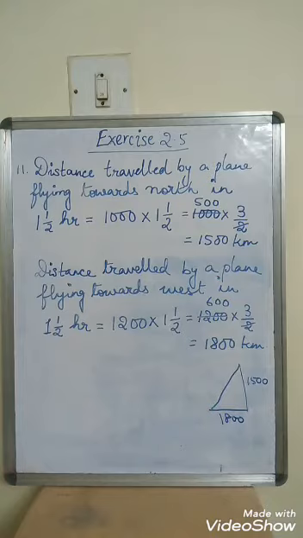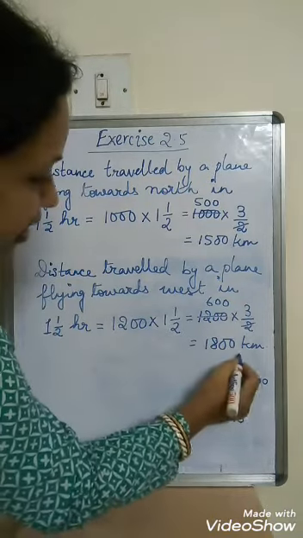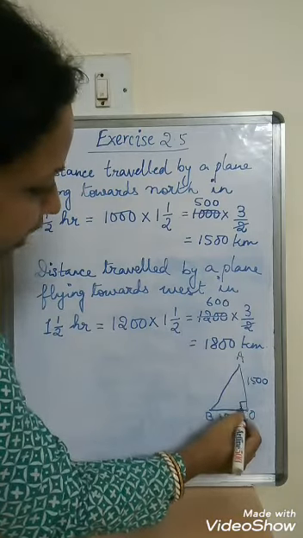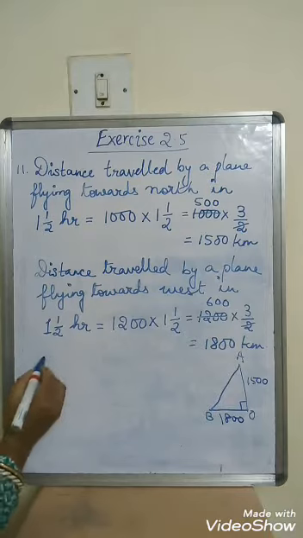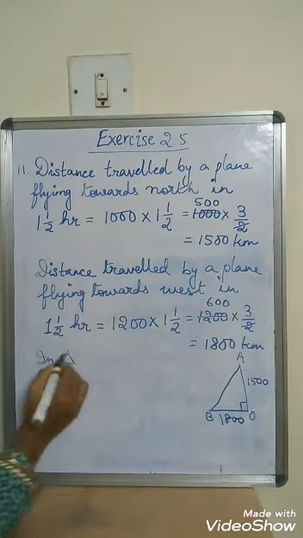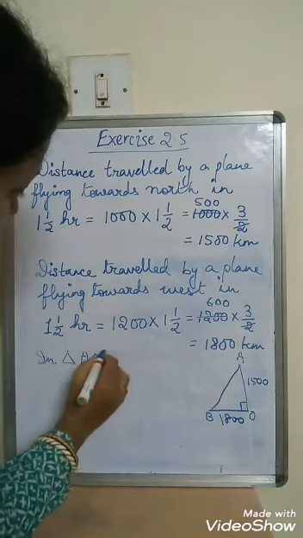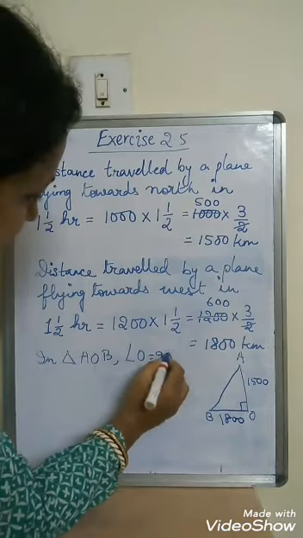So when this makes a right angle triangle, let me name it ABO, and it is right angle at O. So now in triangle AOB, angle O equals 90 degree.